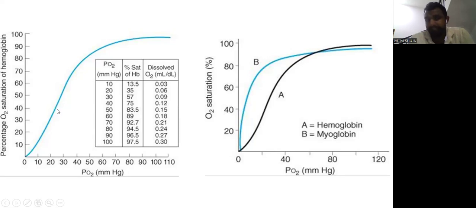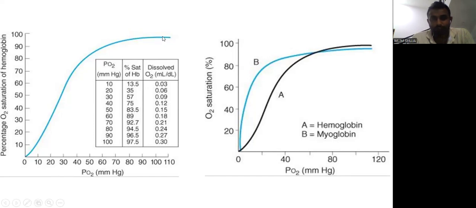Then it is easy to draw. Usually, what is the partial pressure of oxygen in the artery? That is 100. So at 100, the hemoglobin saturation is 97.5.